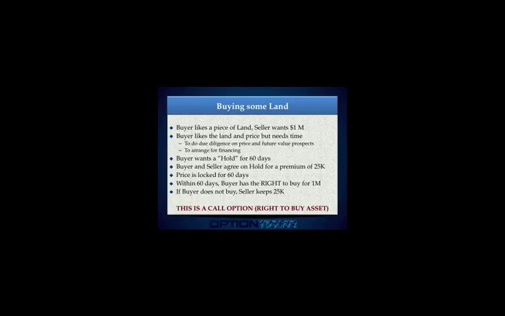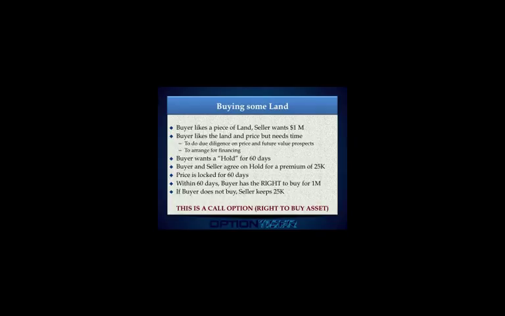If after 60 days the buyer declines to buy the land for any reason, then seller keeps the premium. Any time within the 60 days, if the buyer wants to buy the land, he pays the $1 million and he can exercise his right to buy the land at the strike price of $1 million.